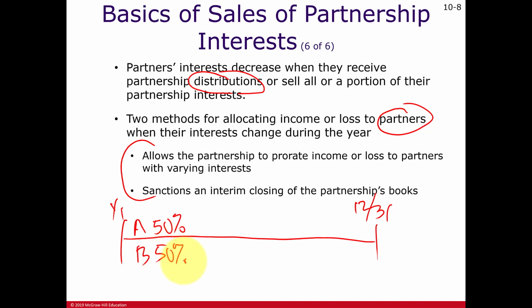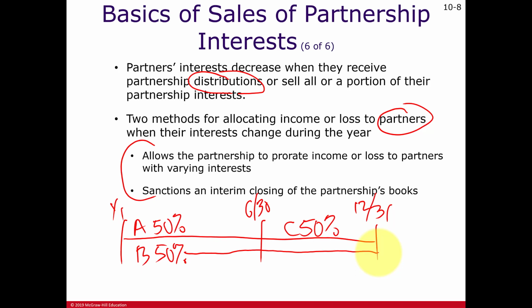But then during the year, let's say exactly halfway into the year, this is June 30th, partner A sells his or her interest now to partner C, who takes over the 50% interest of partner A. And partner B still remains a partner throughout the whole year.